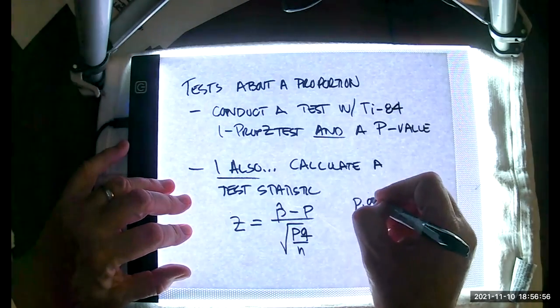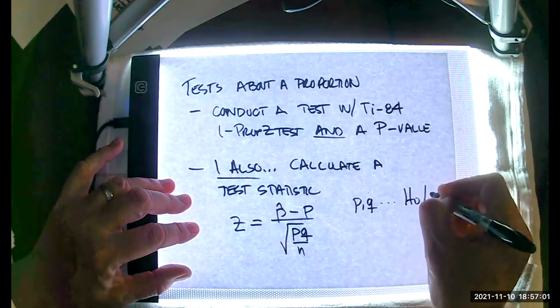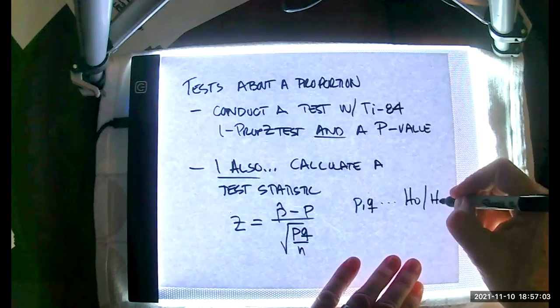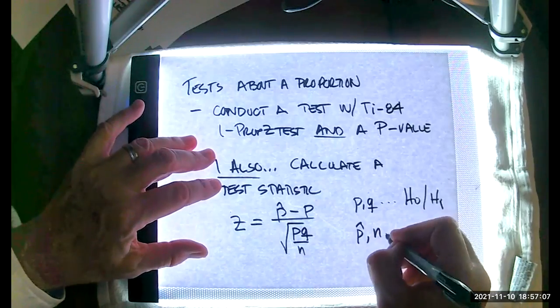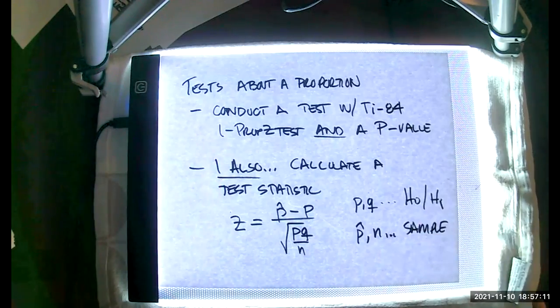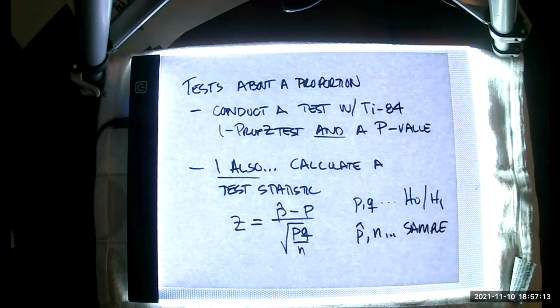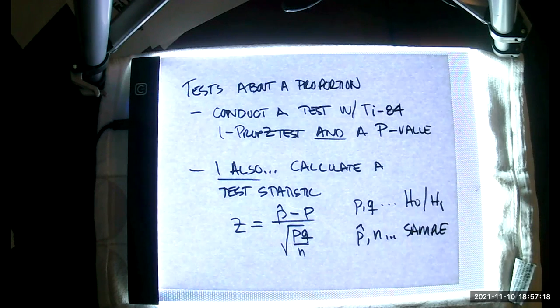You'll remember that p and q come to us from H naught and H1, and p-hat and n come to us from our sample. If I ask you to find a test statistic, I would give you all of this information.